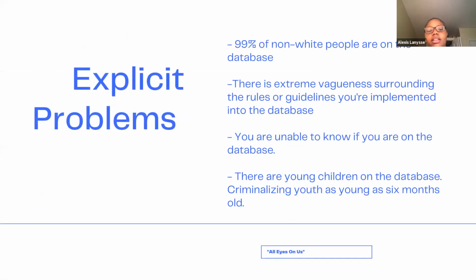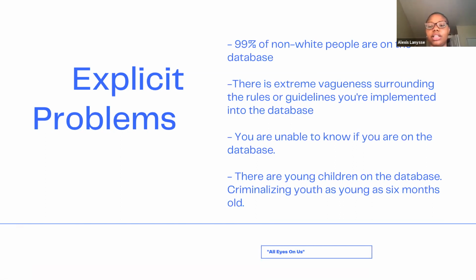Also, there are children as young as 6 months on these databases. The vagueness of the criteria to be on the gang database gives people so much leeway. Anybody of any age, of any background could be on this list and they wouldn't even know, which brings up another issue with the gang database.